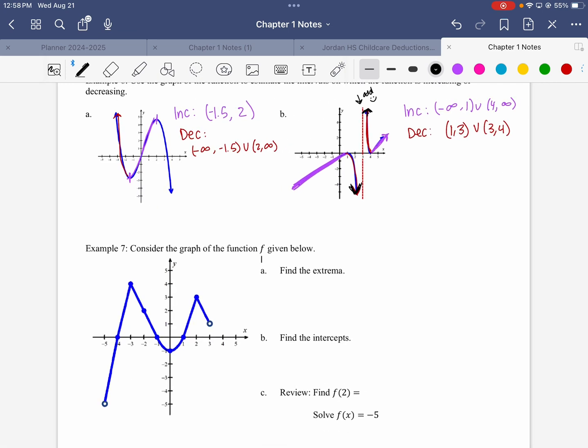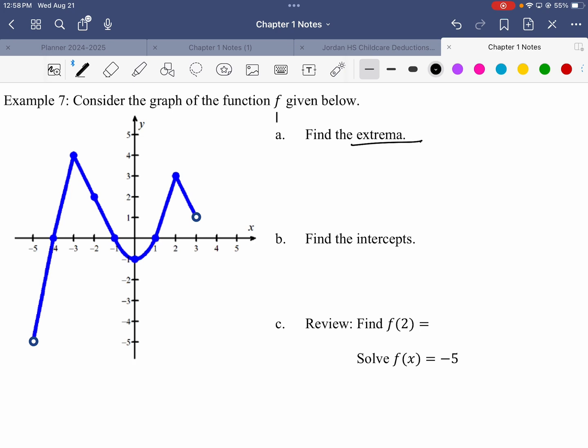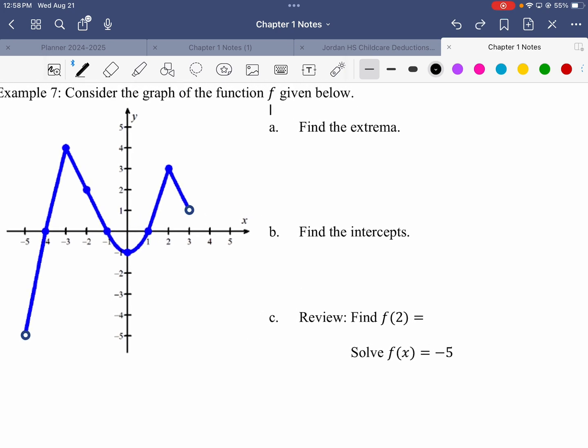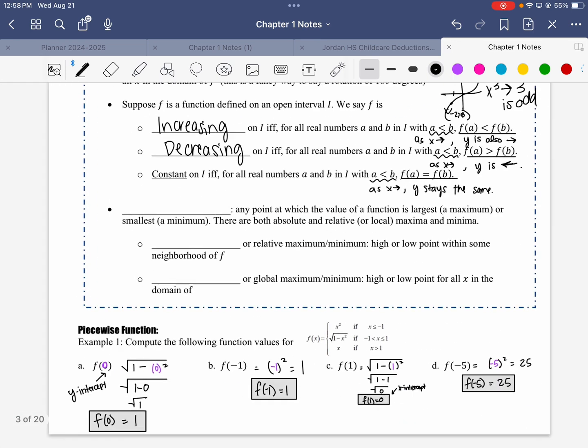Good. Okay. When it says find the extrema, it means this. It means find your max, find your min, find your local maxes, and find your local mins. So let's go back to some definitions.